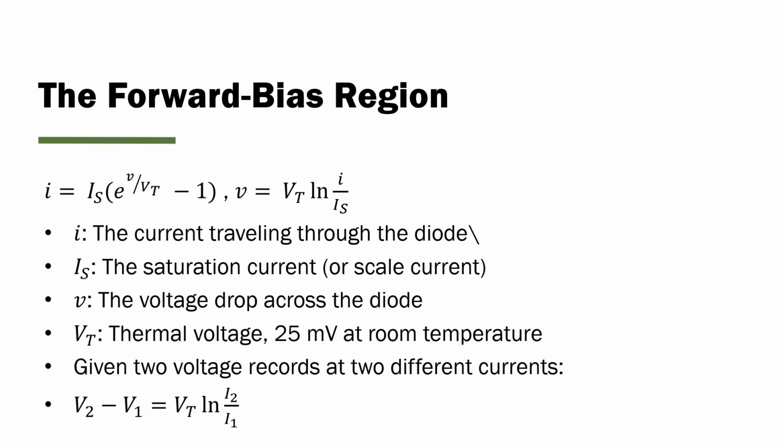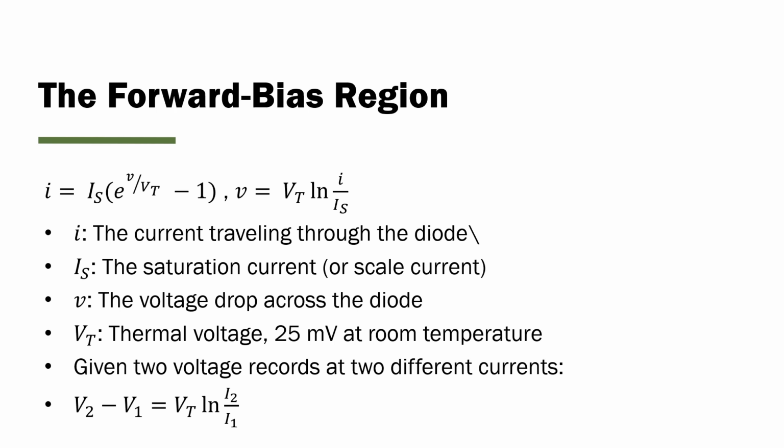So again, in the forward biased region, we're going from high to low. And if you want to calculate the current, we have this important formula. I is equal to I sub s times e to the power of v divided by v sub t, minus 1. Now, what are all these values?